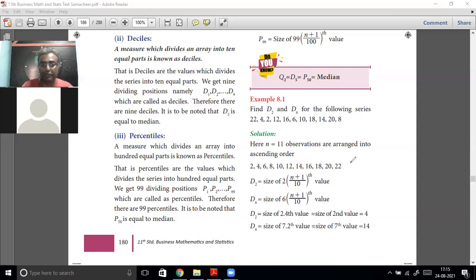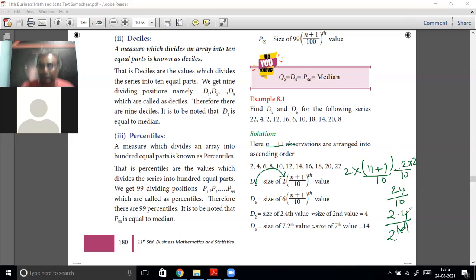Size of D2: this 2 means 2 comes here. n is 11. So 2 into 11 plus 1 by 10. 11 plus 1 is 12 by 10 into 2, 24 by 10, that is equal to the 2.4th item.